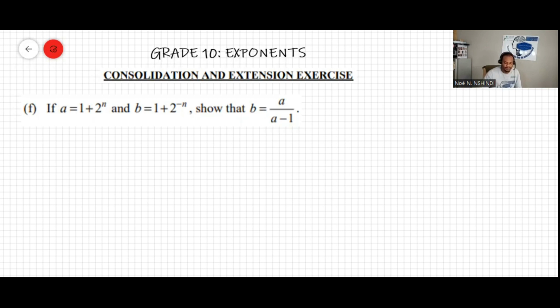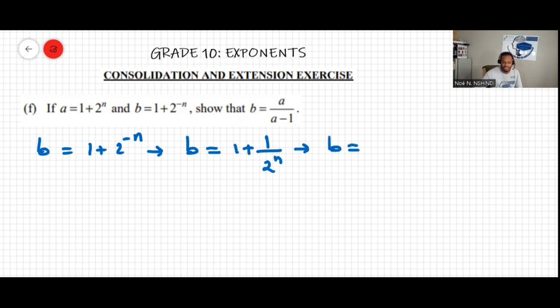Over here, B is 1 plus 2 to the negative n, which can be written as 1 plus 1 over 2 to the n. And then we can write all these with a common denominator.